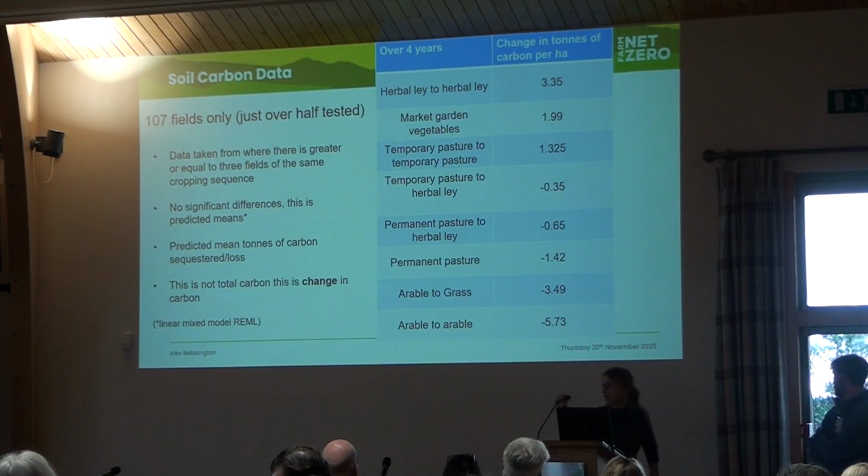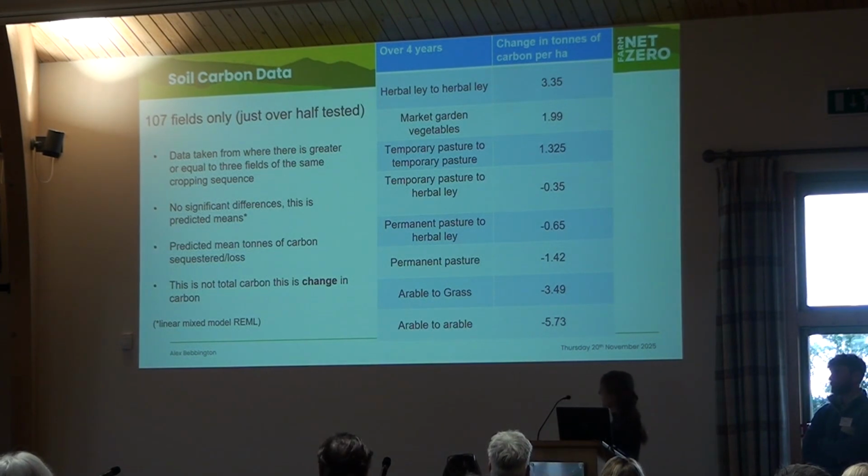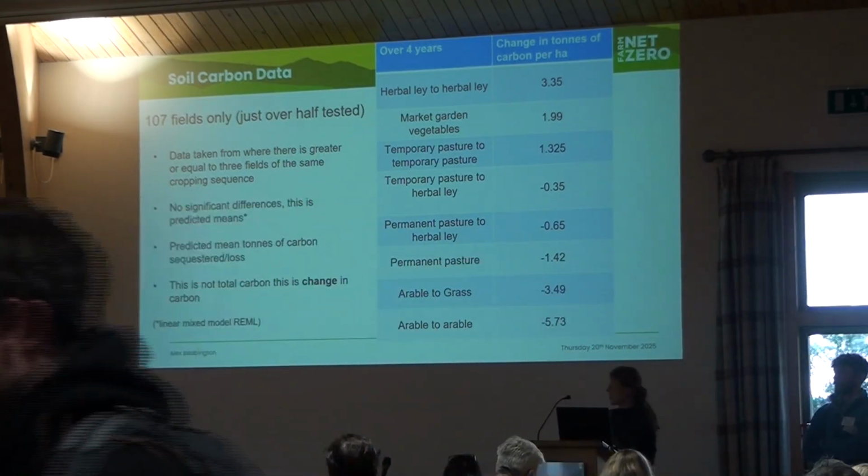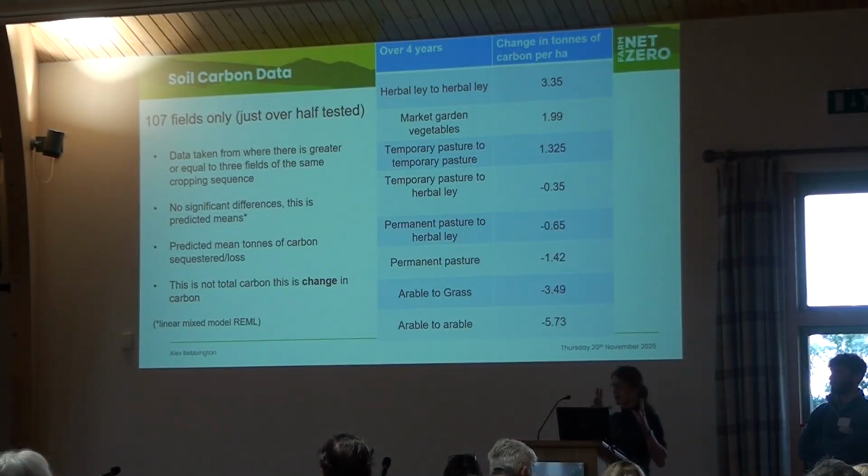For the first part, I do stats on it, and there's no significant difference, but I've done the change in carbon across the system. If you've got permanent pasture at the beginning of the project and it carries on as permanent pasture, what's the carbon change? If it goes from herbal ley to herbal ley, what's the change?